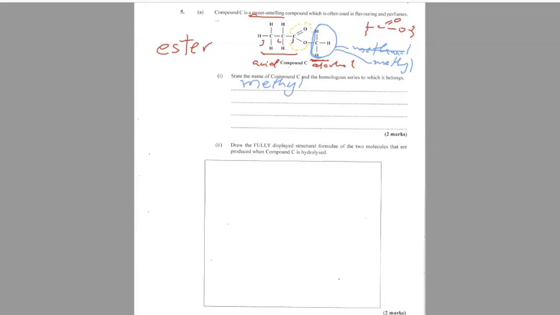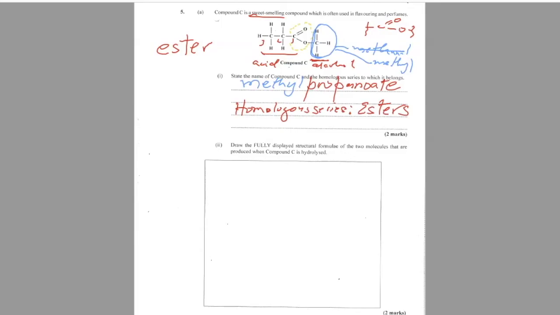So this compound is methyl propanoate. And the homologous series, as we said earlier, is ester. All right, and that would have given us 2 marks.